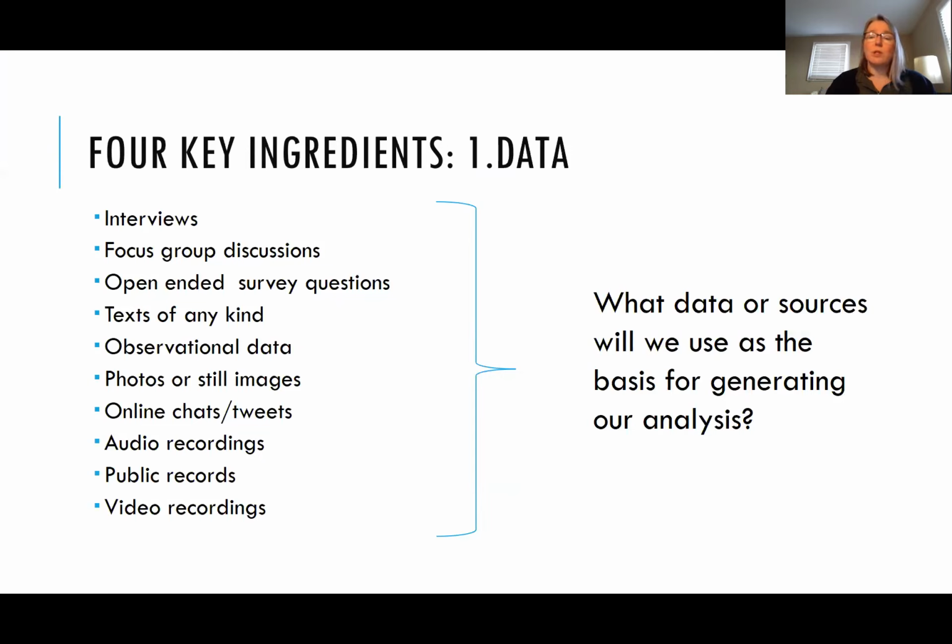Observational data can also be used, where we might be observing people and their behaviour in particular settings. Photos or still images can be used as a source of data, or indeed, video recordings. Online chats and tweets, or in this day and age, I know many people at this time are considering holding focus groups by Zoom, for example. Audio recordings, public records.